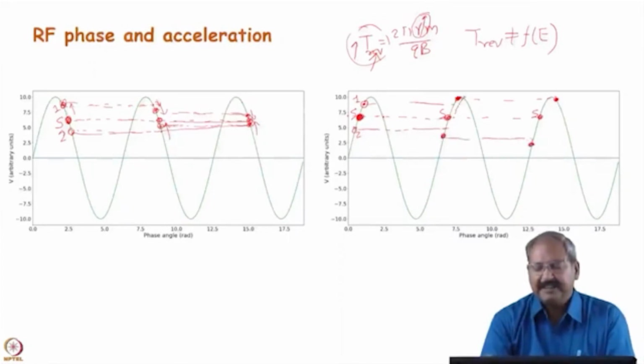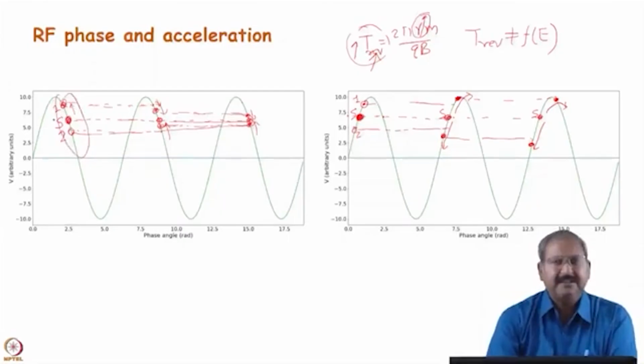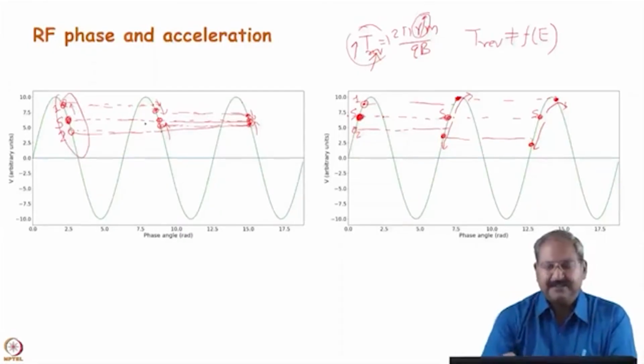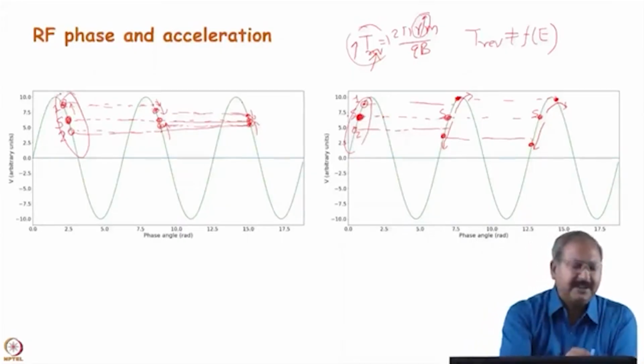So in this case these particles are going away from the synchronous phase. When we take the synchronous phase on the falling edge of the RF cycle, phase focusing occurs. And when we take the synchronous phase on the rising part of the RF cycle, a defocusing type of action occurs and there is no phase focusing.